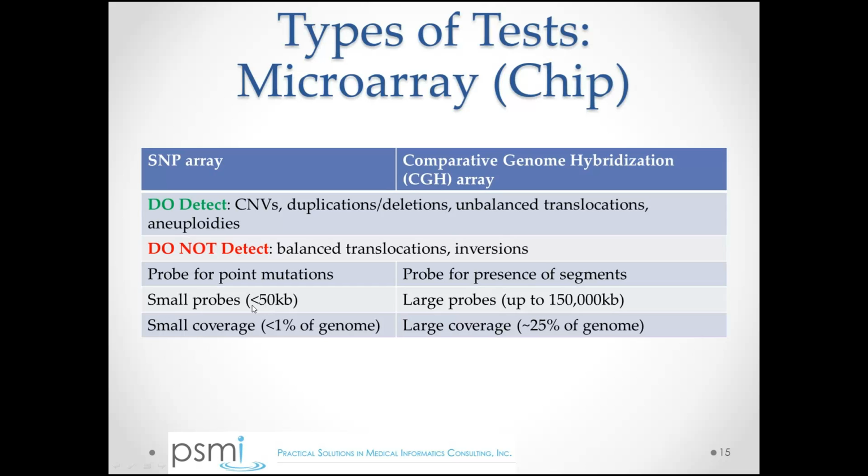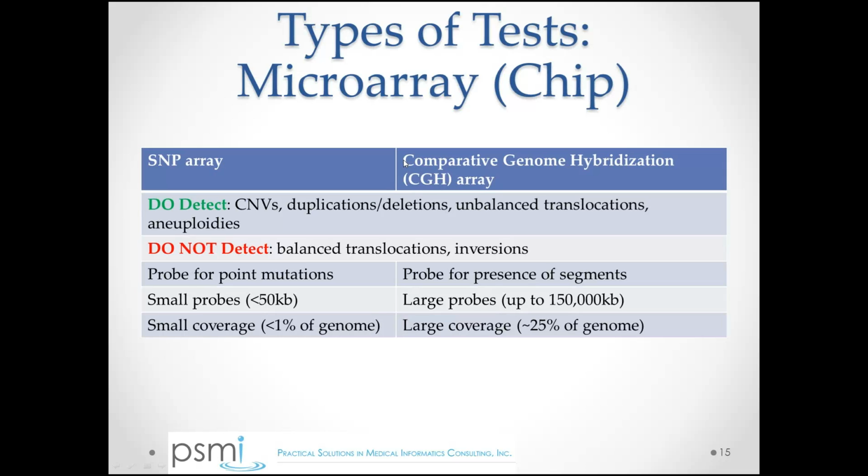So these are small probes. The hybridization works when you have a complete complementary sequence. But as you can imagine, because they're small probes and you can only put so many probes on a particular slide, overall you're assessing less than 1% of the genome. You may only be assessing 1 million spots on the genome.